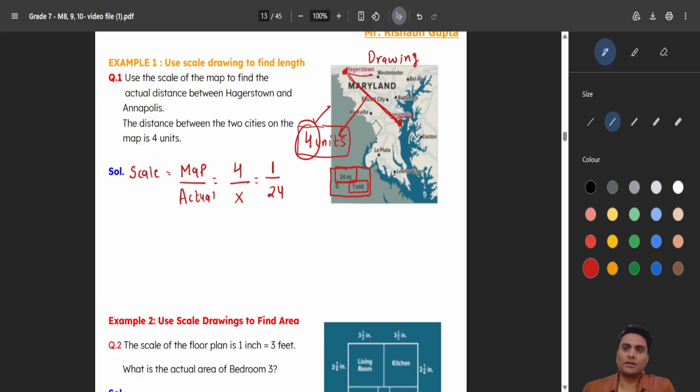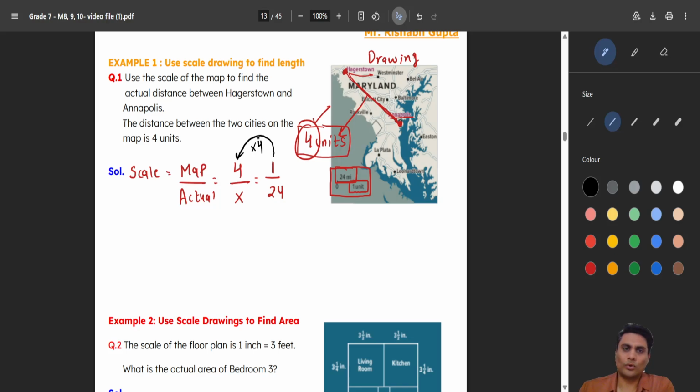Now how can I solve this? This question is very easy. No need to do multiplication, division, nothing. Just check this one. How can I change the 1 into 4? Think. Can I do multiplication? Yes. 1 multiplied by 4 will become 4.